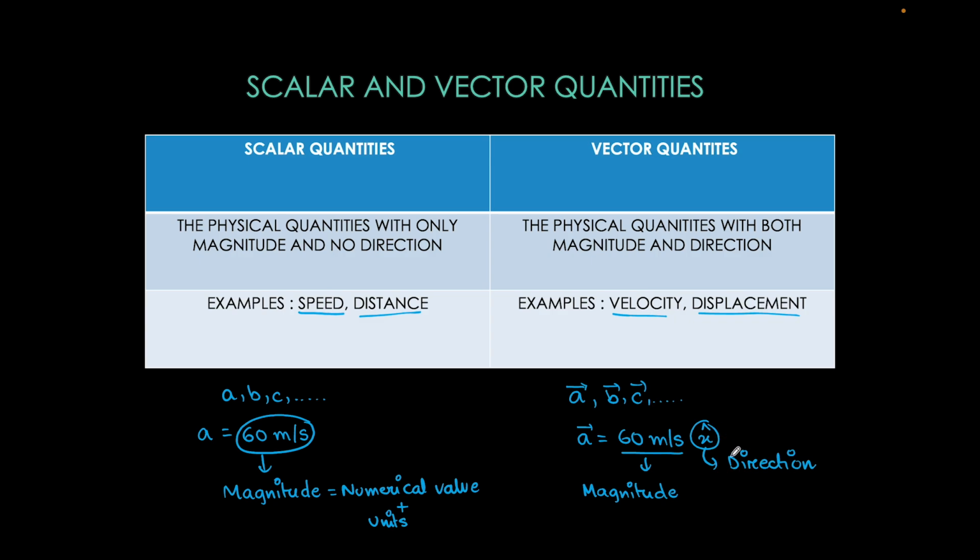So x cap means that, let's say A is the velocity of a car, the car is moving in x direction. So we have another directions like y cap, z cap, which basically means that the car is moving in y direction or z direction.